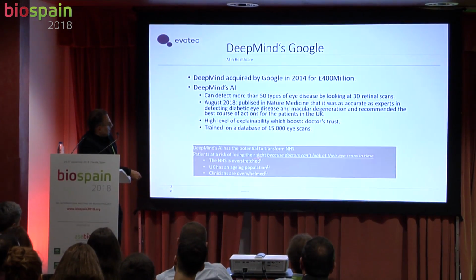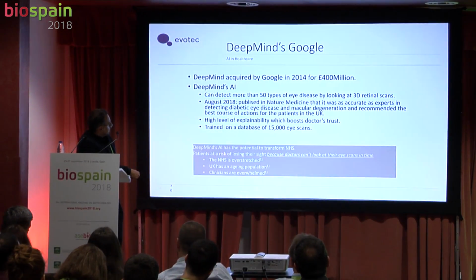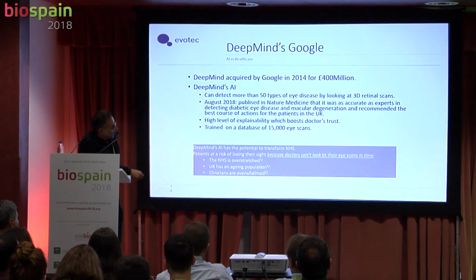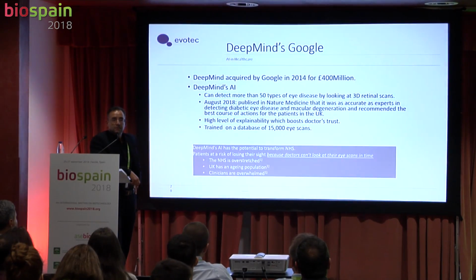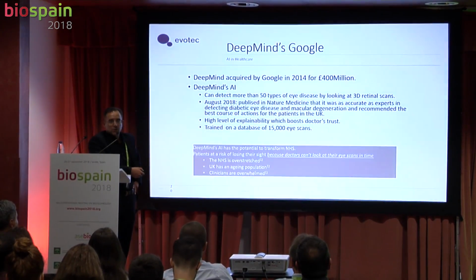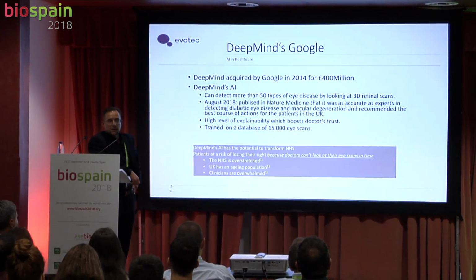And I think it's very important because the patients are at risk of losing their sight because doctors can't look at their eye scan in time. So if the doctors take 1 week to interpret the retina scan, it can have a dramatic effect for the patient.